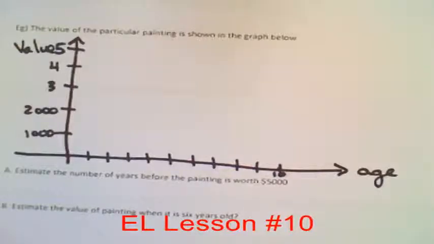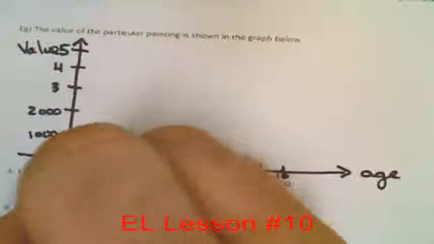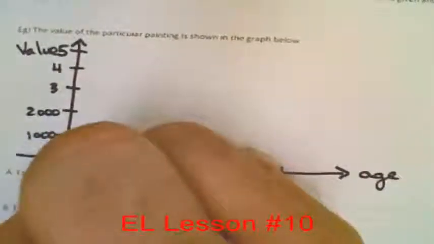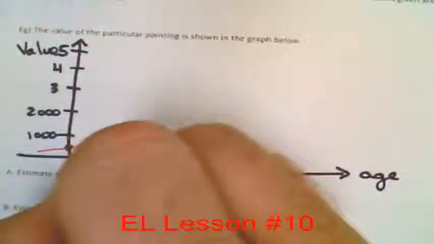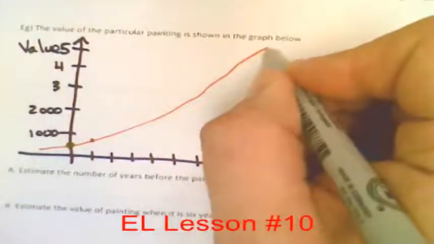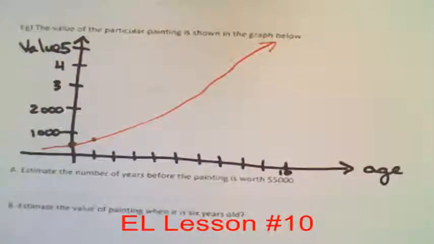Along with this, there's going to be some data that determines this. So I'm going to tell you that to start with, it was worth about that much, about halfway. After 1 year, it was worth a little bit more, and you've got a graph that kind of goes like this.